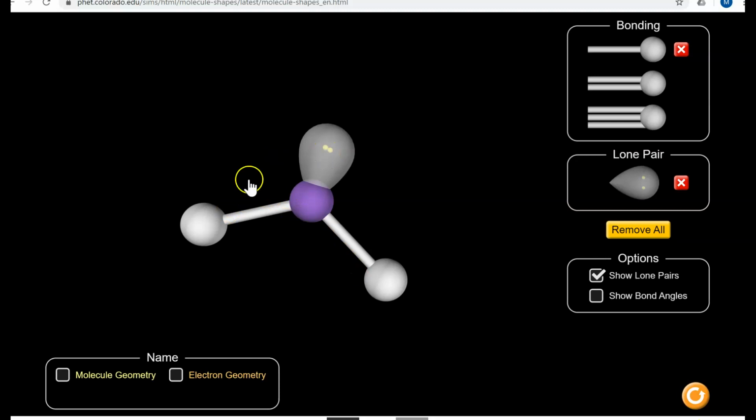All right, so let's go back to our table. Actually, let's talk about the name first. What is the name of the electron geometry? It's still trigonal planar. The molecular geometry, see, we're only concerned where the atoms are. This is called the bent geometry.